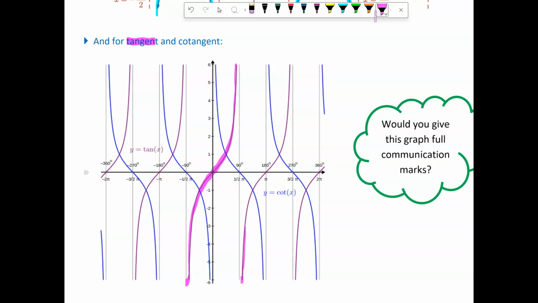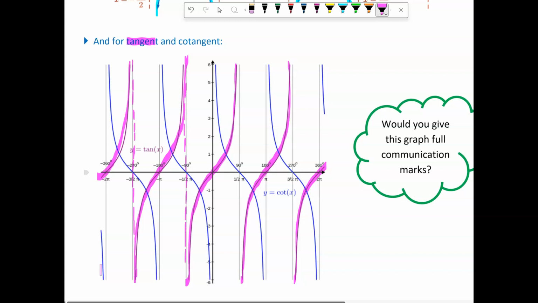Like it has that cubic look to it, and it has the asymptotes. It has the specific asymptotes at pi over 2 and negative pi over 2. So here are all my tangent graphs here. And as I mentioned, it has these asymptotes here, okay, at the pi over 2 intervals.